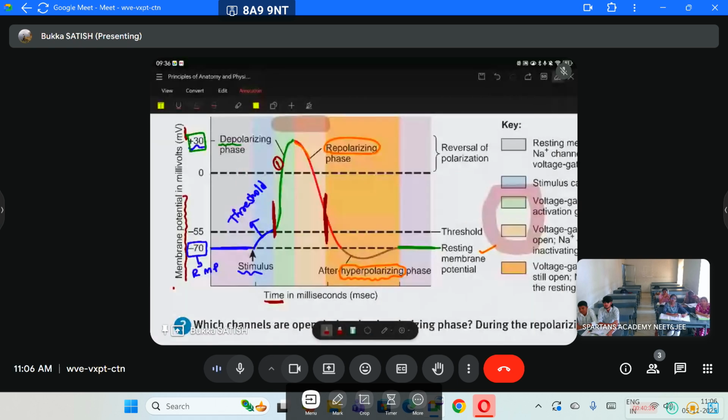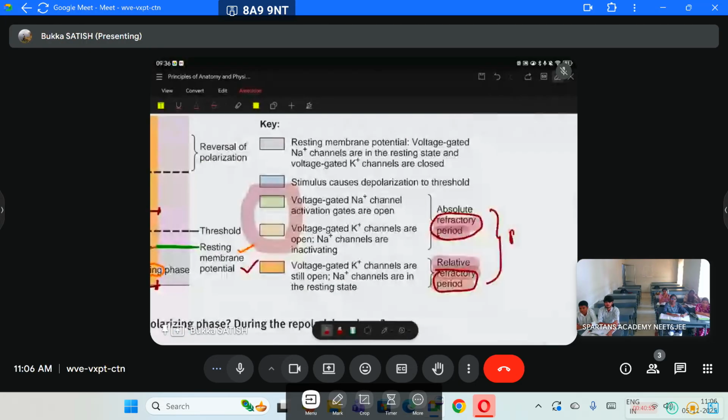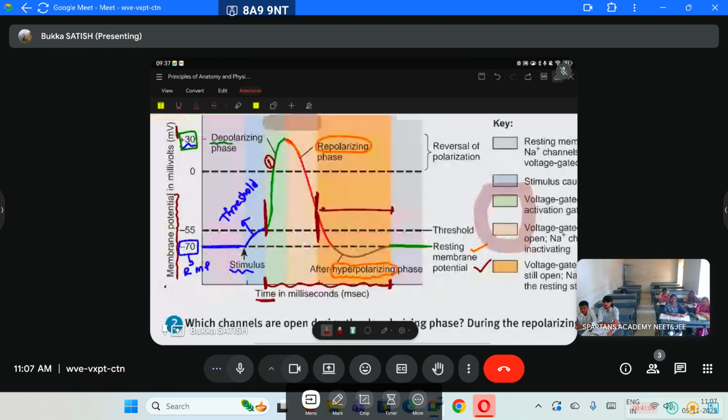And the next one is this color. Basically, from this point to this point, overall, it is what we call the refractory period. In the refractory period, again there are two phases, but let us take it together as the refractory period.